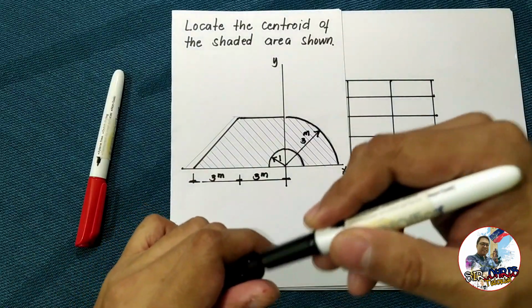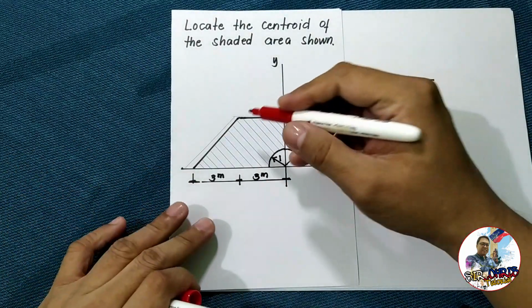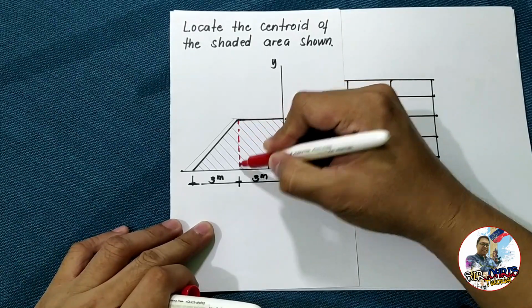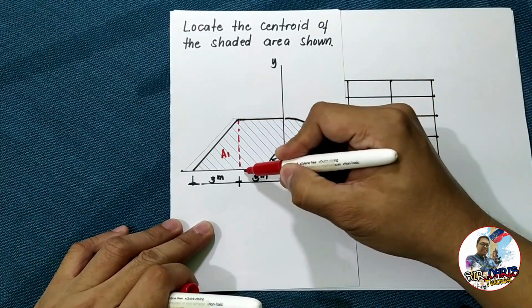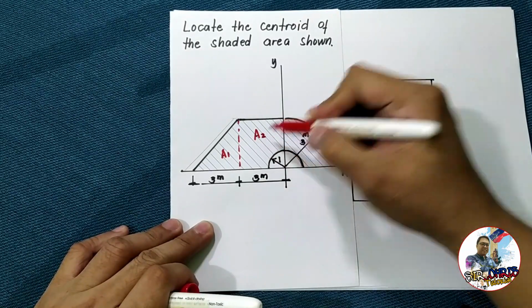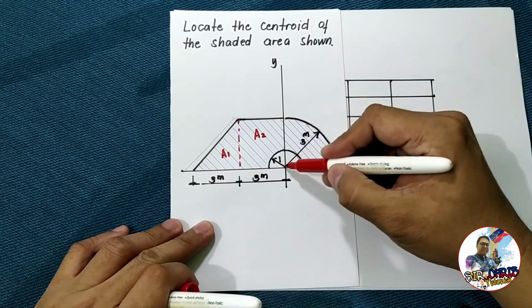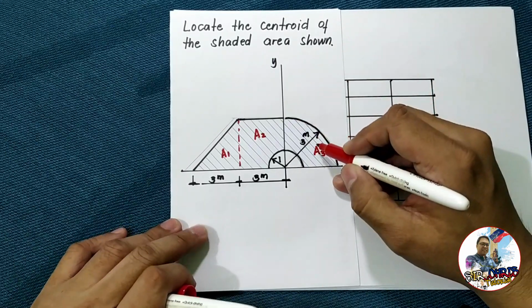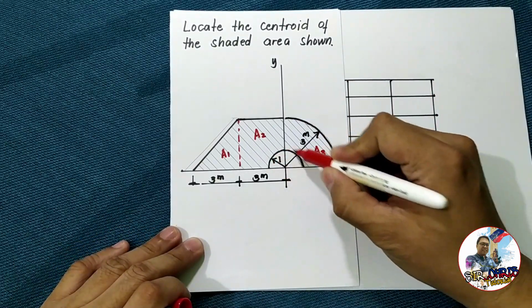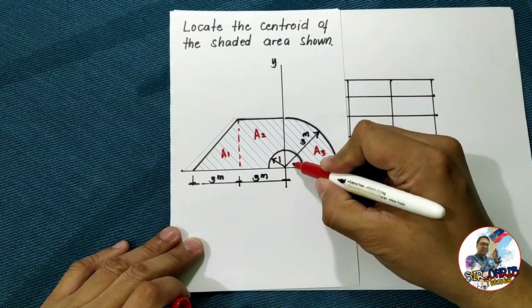So we can denote this triangle here as A1, this rectangle as A2, this quarter of a circle as A3, and this half circle as A4.